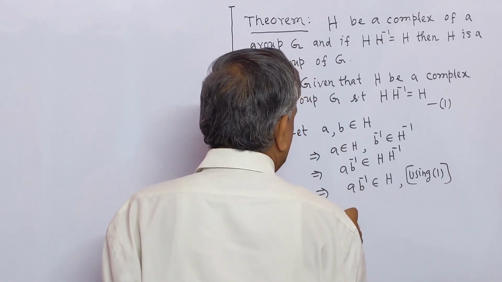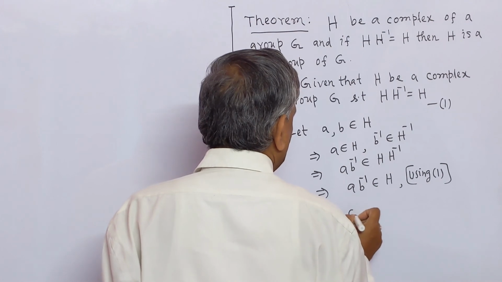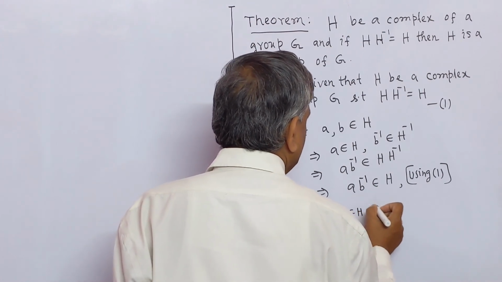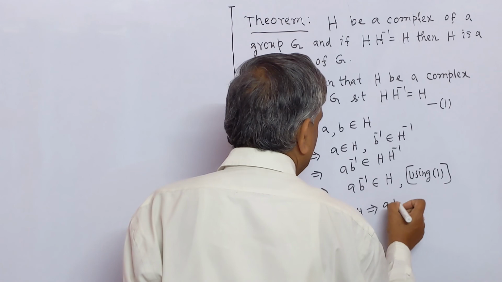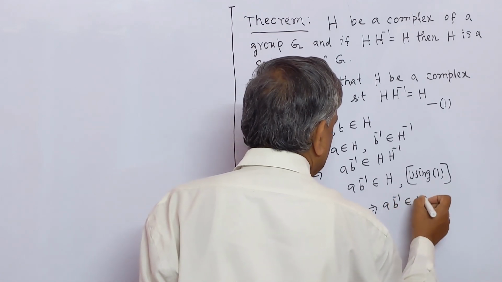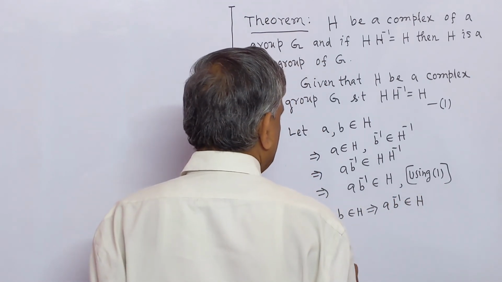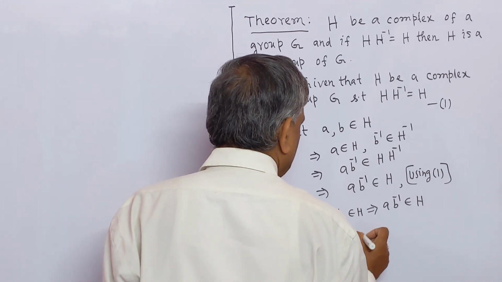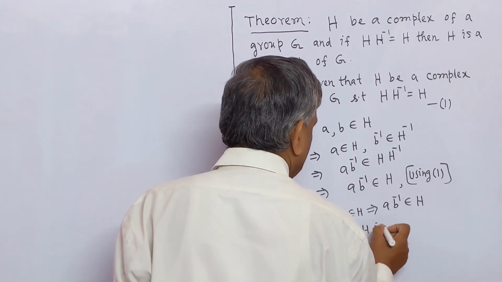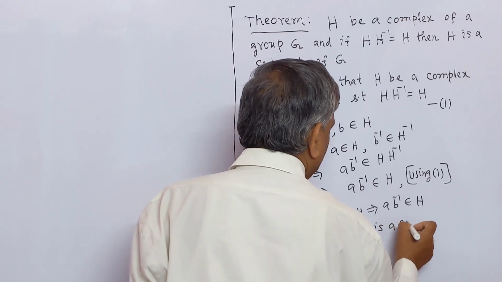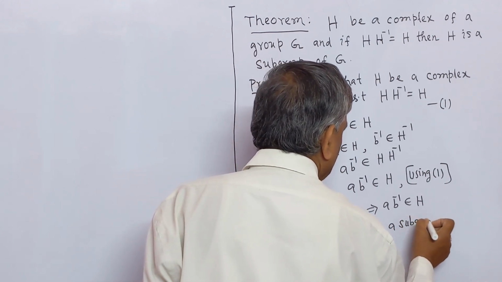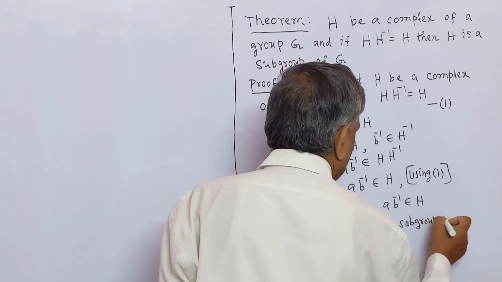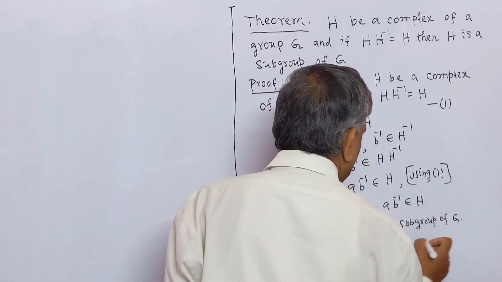Therefore, ab inverse belongs to H. Hence, H is a subgroup of G. Proved.